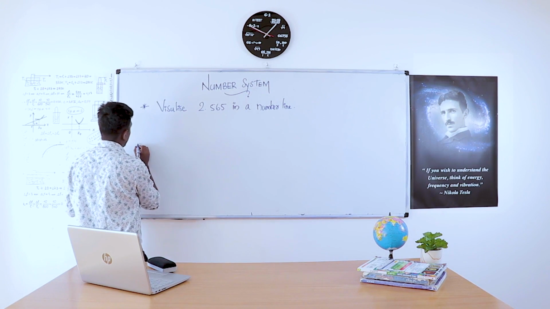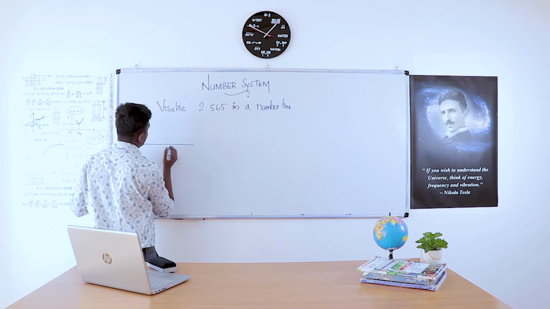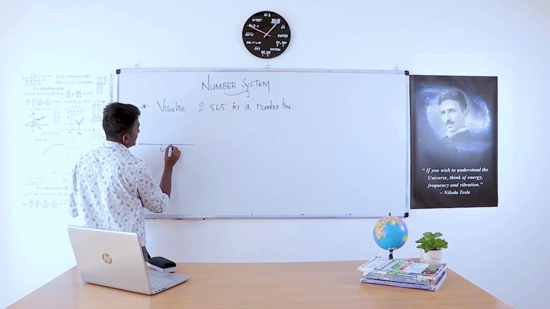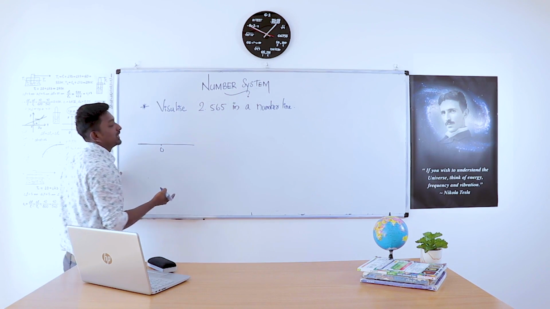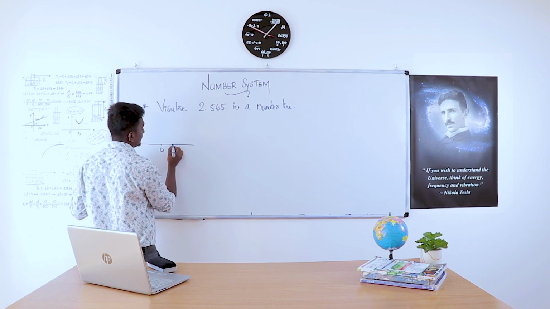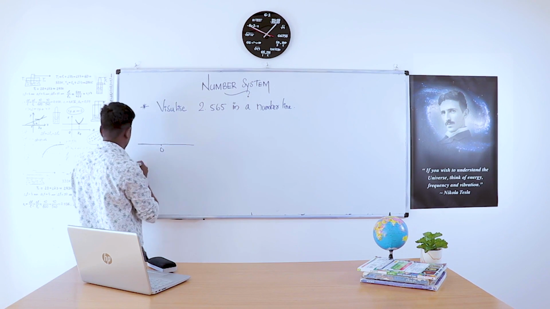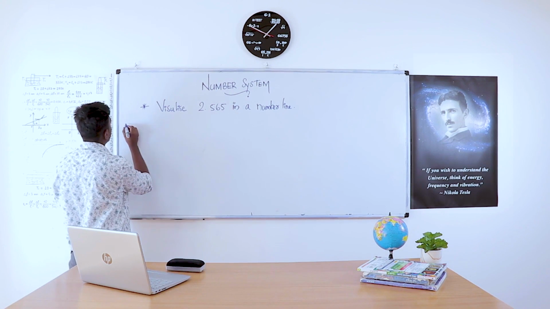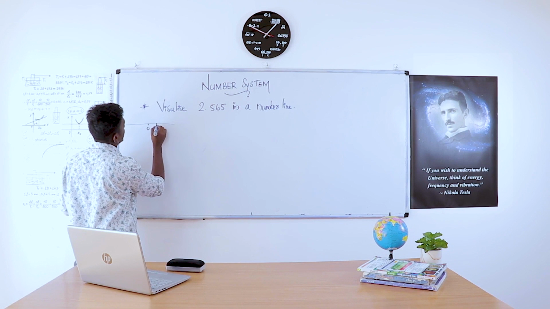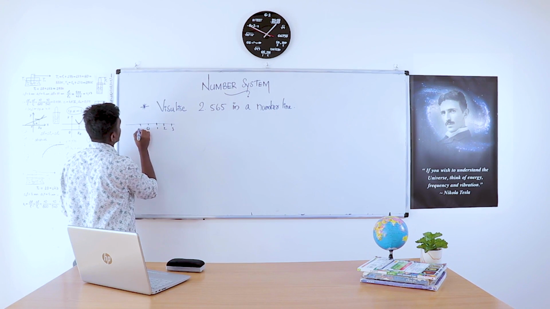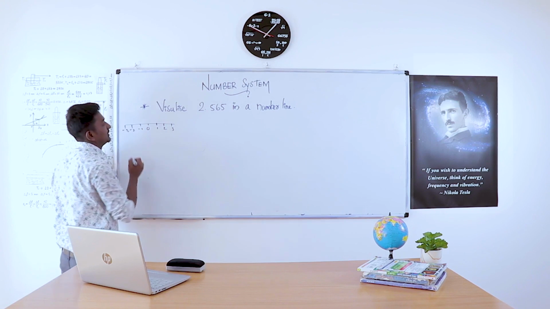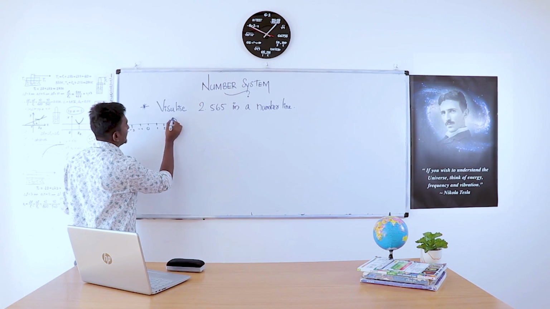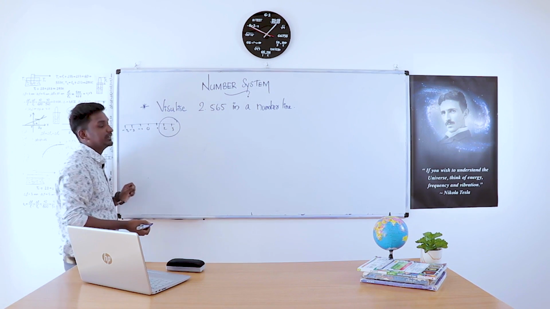First of all, I am considering a number line: 0, 1, 2, 3, 4, etc. This 2.565 lies between 2 and 3.